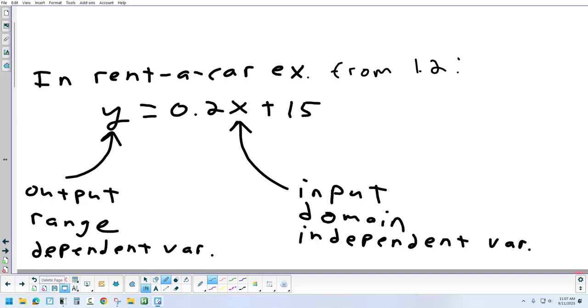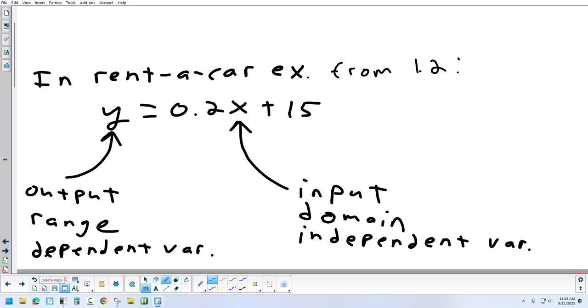Well, besides those two names, there's other names. You can also call the x the value you are plugging in. Right? So we call it the input. And the y is the answer that you get from the formula. That's called the output. In this case, the formula takes the input value, multiplies it by 0.2, and adds 15.